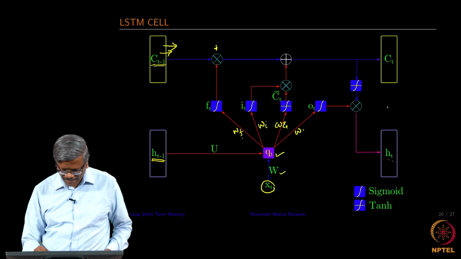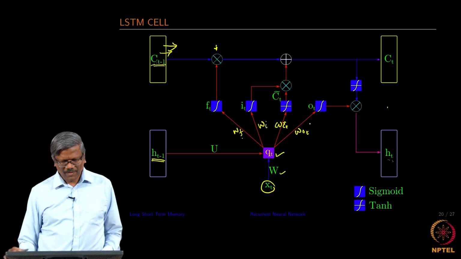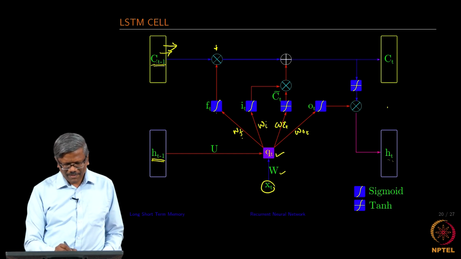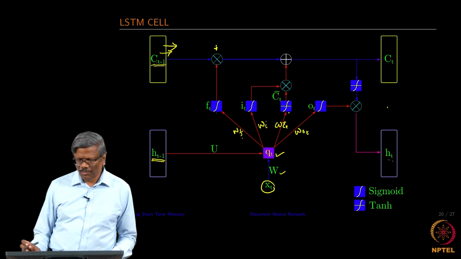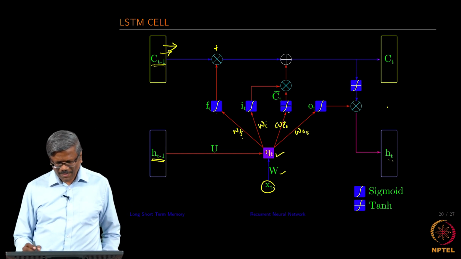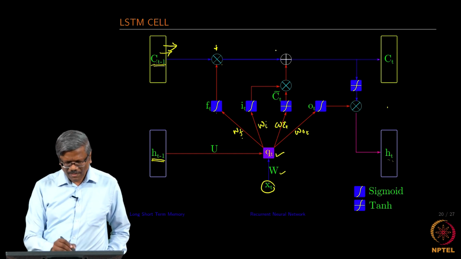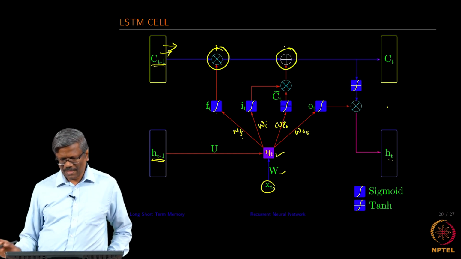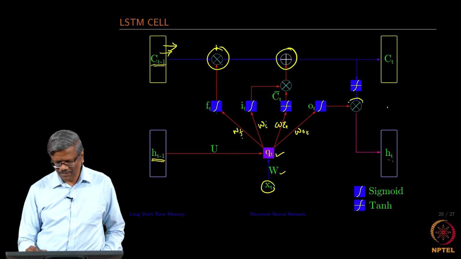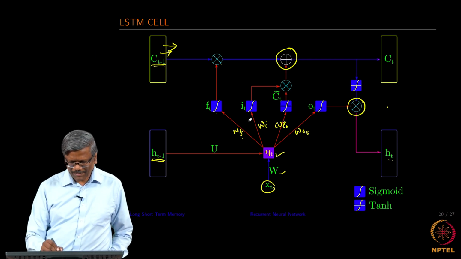We have another, and then each one is connected by either a sigmoid or a hyperbolic tangent function. Okay. And then this one is element wise multiplication, this one is element wise addition, okay. This is element wise multiplication. Okay. Let us see what happens with these.